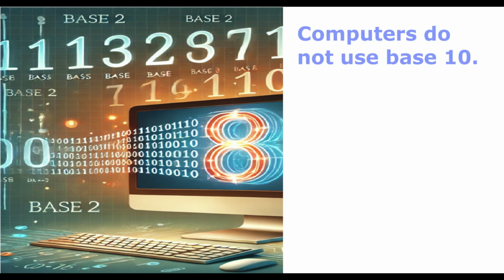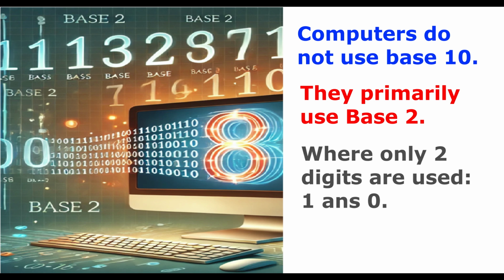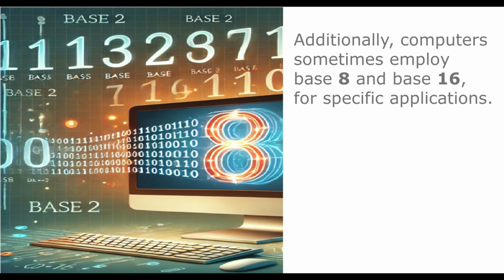Computers do not operate using base 10. Instead, they primarily use base 2, where only 2 digits exist, 0 and 1. Additionally, computers sometimes employ base 8 and base 16 for specific applications.